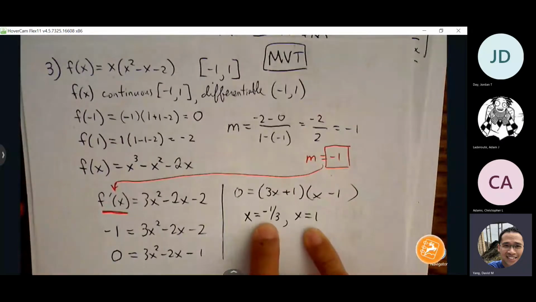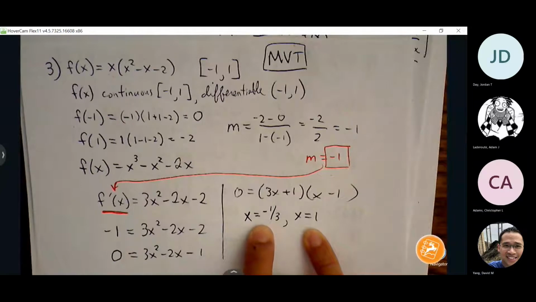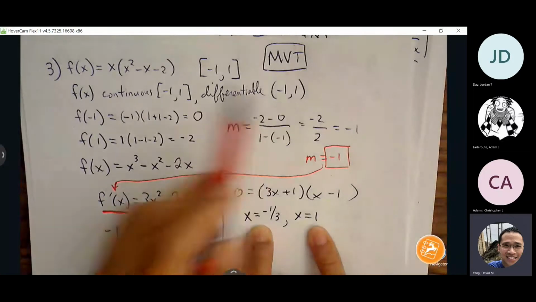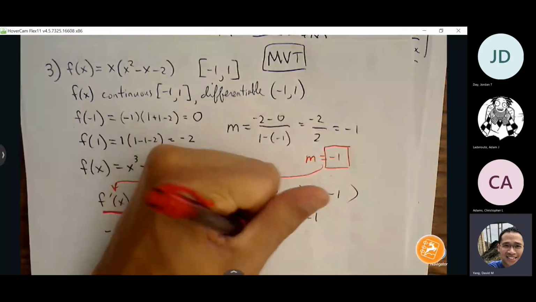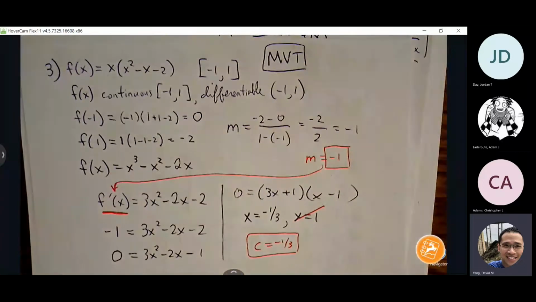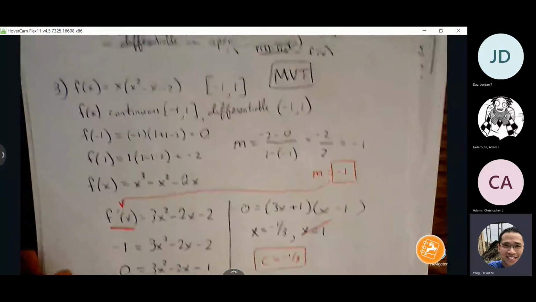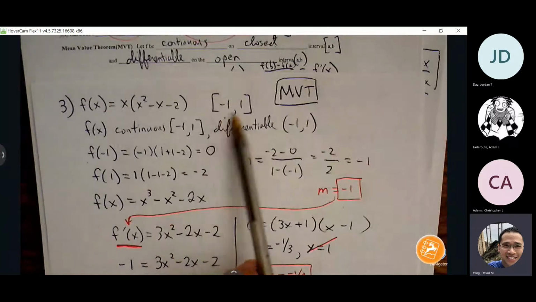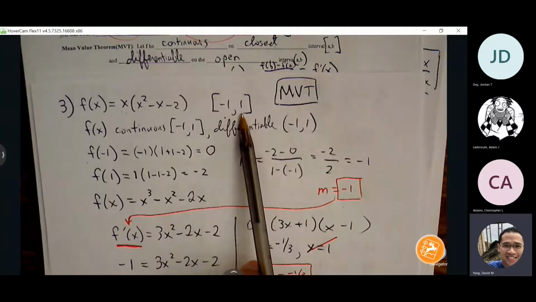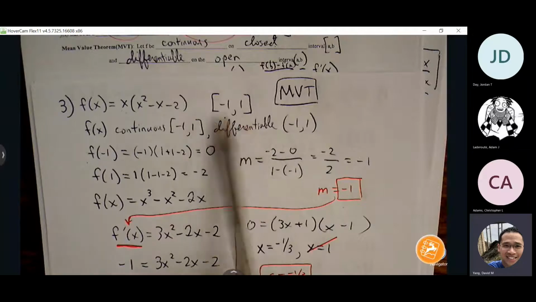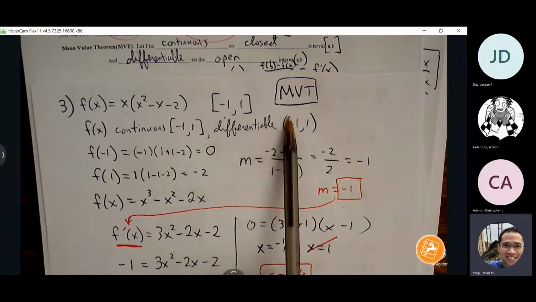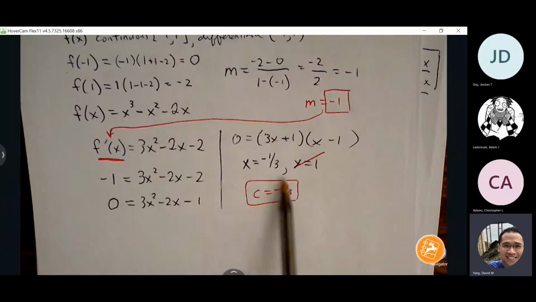Okay, are both these locations valid? Okay, one is outside the interval, right? It's got to be between. As long as we have continuity on the closed bracket, so the function has to be continuous on the closed interval, differentiable on the open, then when we find our C value, it's on the open interval.